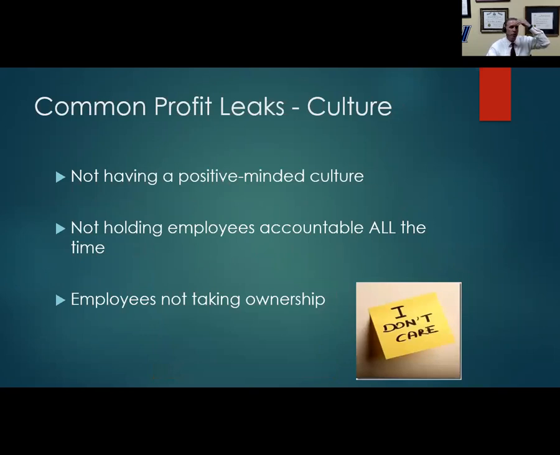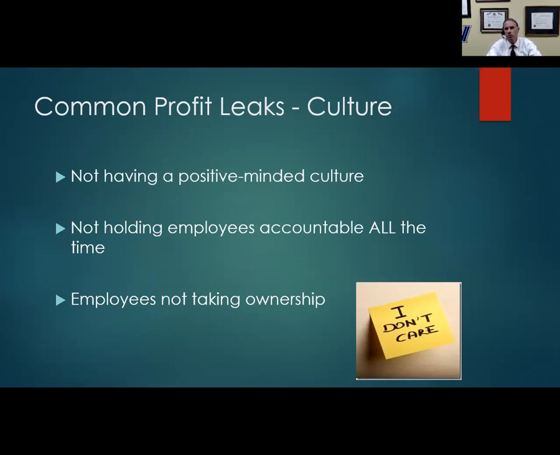Some other items with culture. Not having a positive-minded culture. This is where, again, this comes directly from the owners. I've seen good companies with owners who have bad attitudes towards the job. Maybe it's something personal that creeps into the business. And really, the feel for an office or a store can change dramatically for the good or bad based on the owner's mindset.